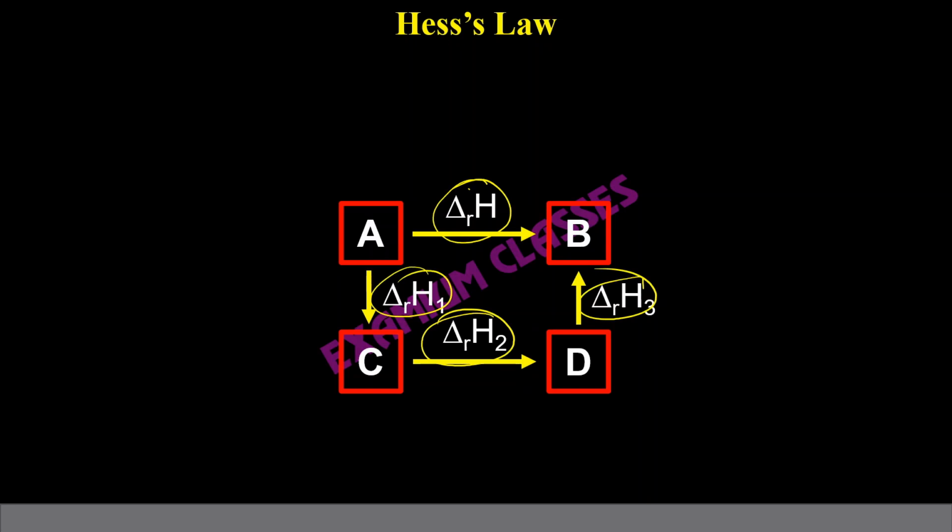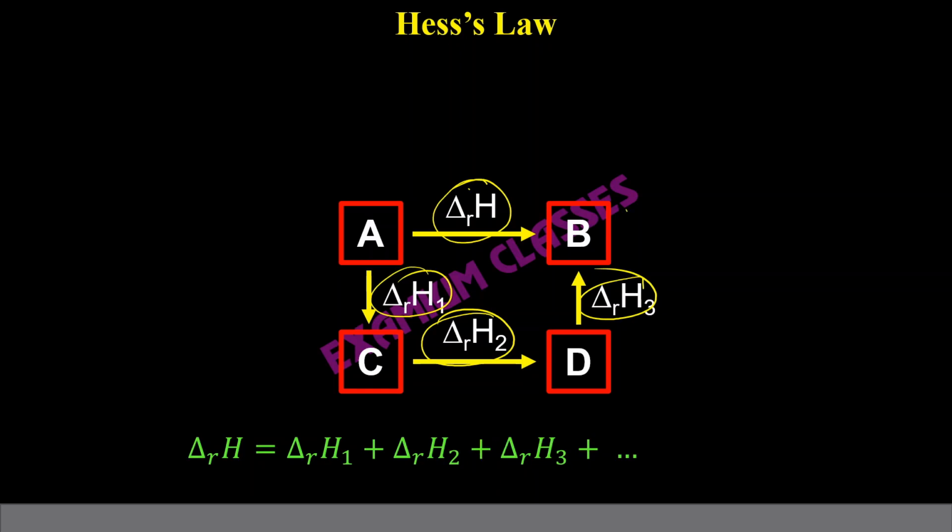That's Hess's law. So delta RH will be delta RH1 plus delta RH2 plus delta RH3. If we have more than 3 steps, it will be delta RH4 as well. If we have only 2 steps, it will be up to delta RH2.